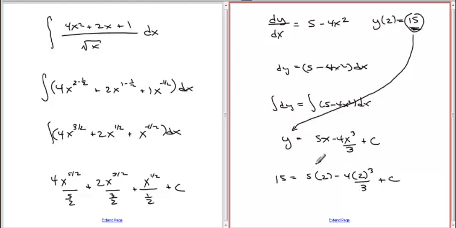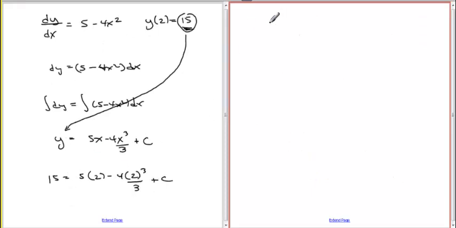And the only unknown, once you apply the initial conditions, is the arbitrary constant c. So we go ahead and multiply all this stuff out. So 2 cubed is 8. 8 times 4 is 32, so I get 10 minus 32 thirds.